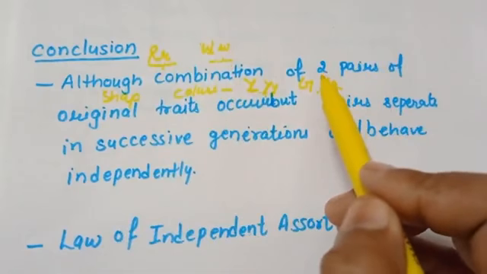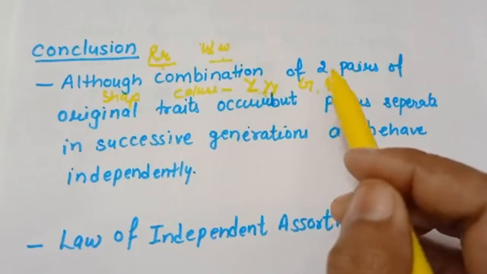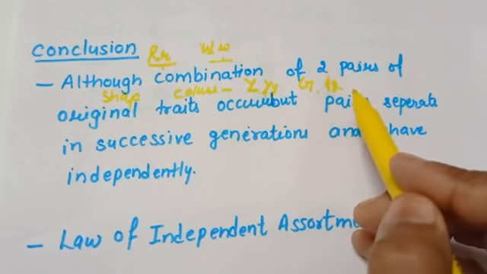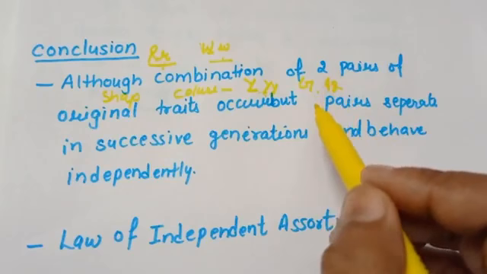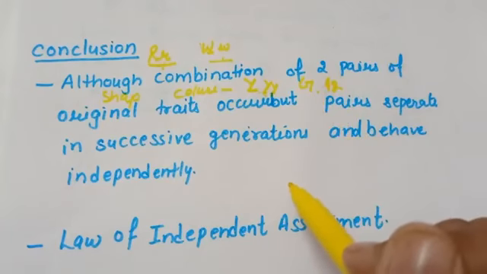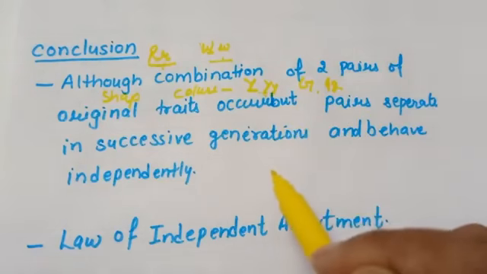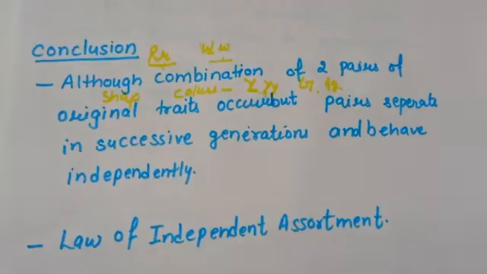combine together, but these pairs separate in the successive generations and they behave independently, that we have seen in the flow chart of it. So although they combine together, they separate further in the next generation. That is why this law was called the law of independent assortment.